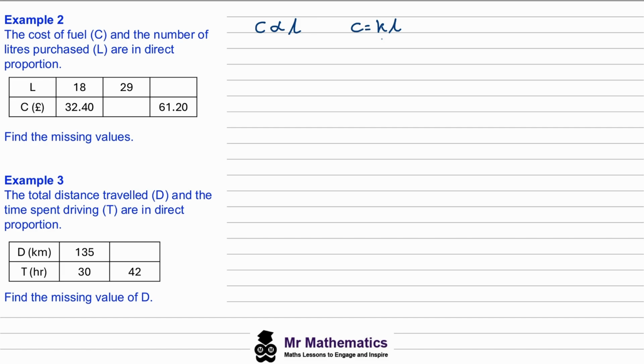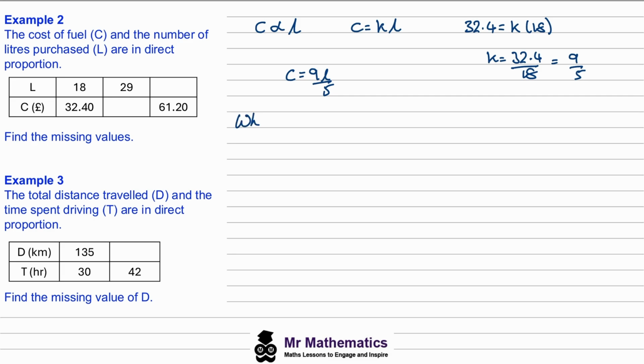We can work out K. We know that when C is £32.40, this will be K multiplied by the L, which is 18. So K will be 32.4 divided by the 18, which we can simplify to make 9/5. So our model is that C is 9L over 5.